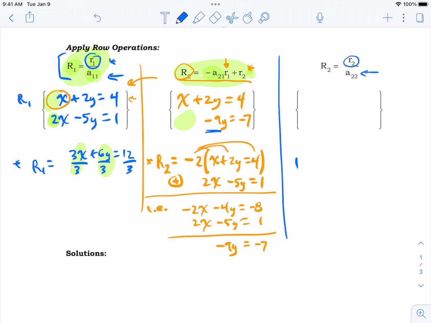So our new and improved row 2: take the negative 9y equals negative 7, divide everything by negative 9, both sides. And what you've got is y equals 7 ninths. So my new and improved bottom row is going to be y equals 7 ninths. The top row does not have to change.